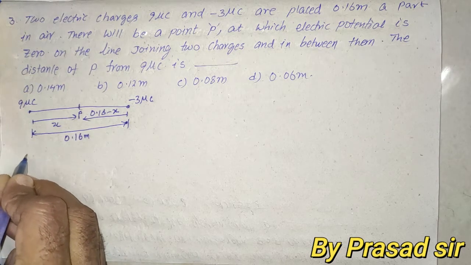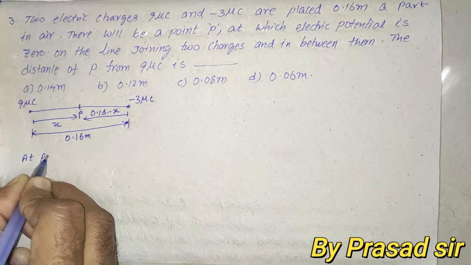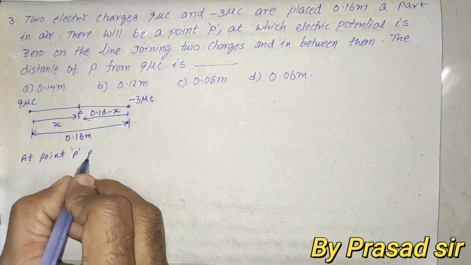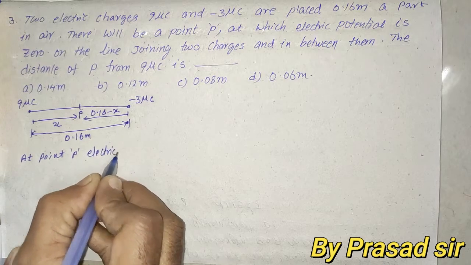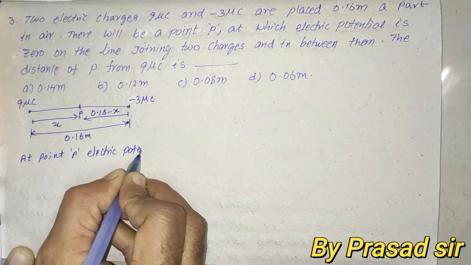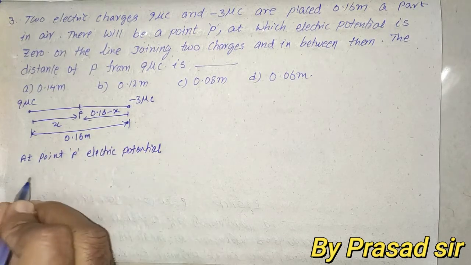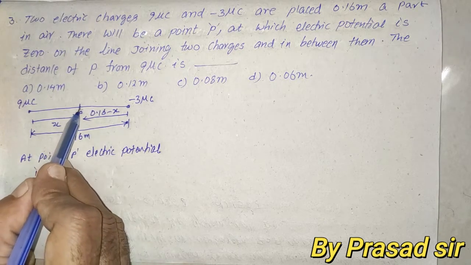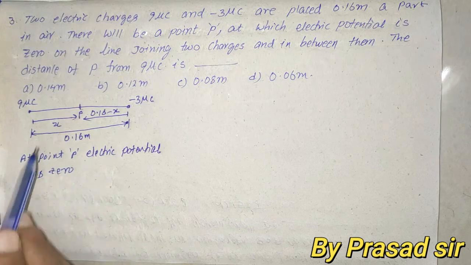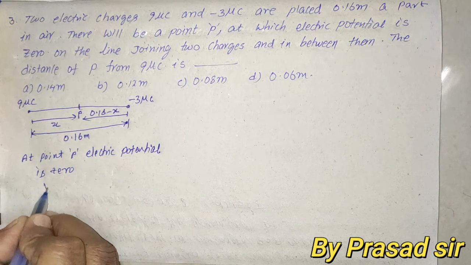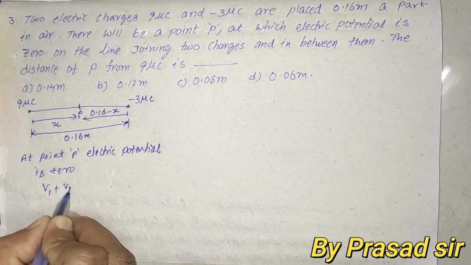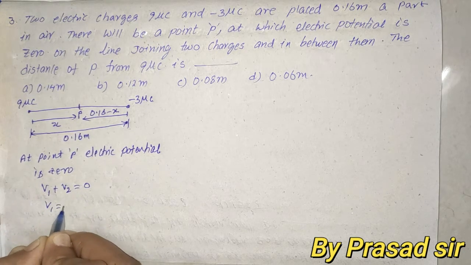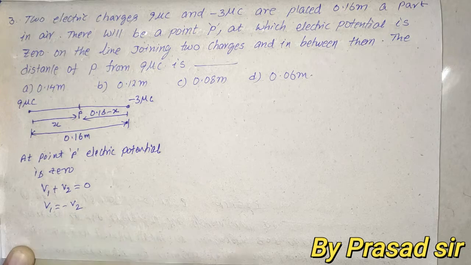But what is given here? At point P, the electric potential is 0. So electric potential is 0 means V1 plus V2 is equal to 0, so V1 is equal to minus V2.